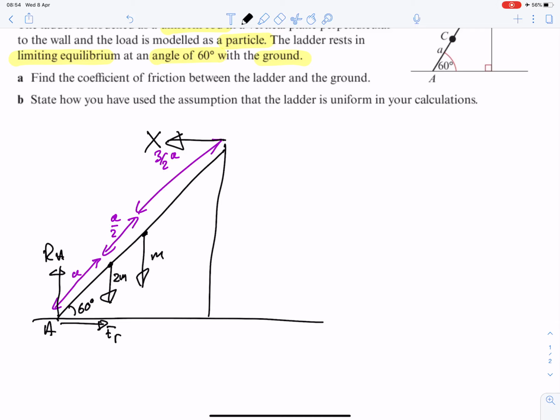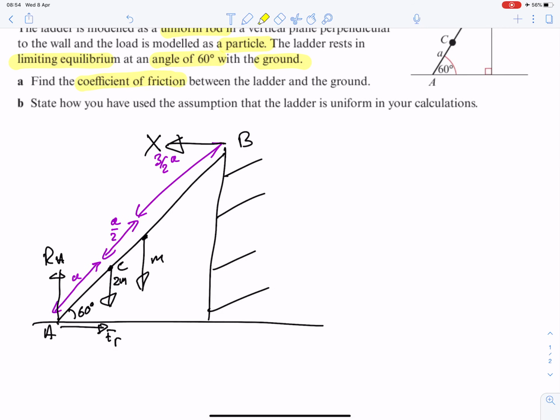So our friction must act towards the wall, and we've got a reaction vertically at A. B, and then that was our point C.